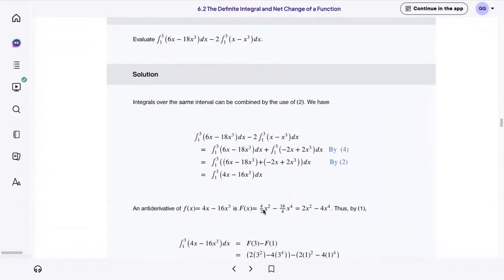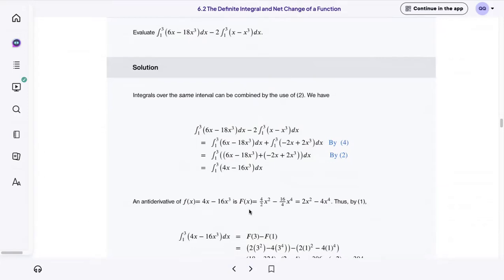Let's see this example. We want to evaluate this one and this one, both of them from 1 to 3. So the upper limit and the lower limit are the same, which means we can put them together.